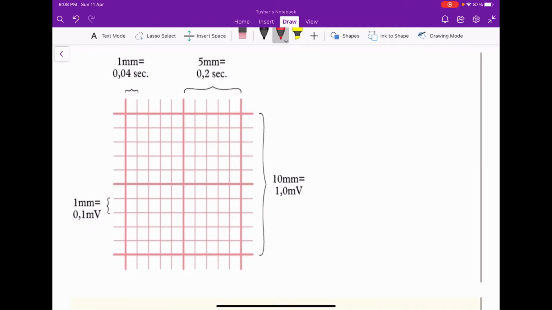Every small square is 1 millimeter in size. Every large square that we talk about while reporting an ECG is 5 millimeters in size.